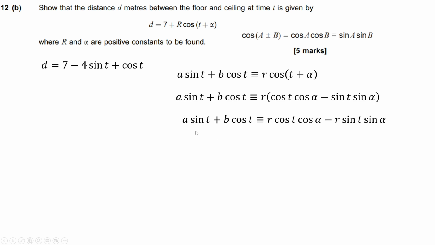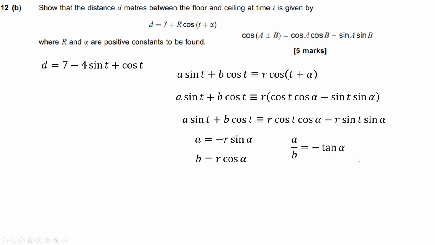If we have a look at the coefficients of sine t, we've got a on this side, that equals minus r sine alpha. And for b, looking at the cosine t's, we've got b equals r cosine alpha. Then a over b is just going to be minus tan alpha, because we're doing sine over cos with a minus, and the r's cancel.